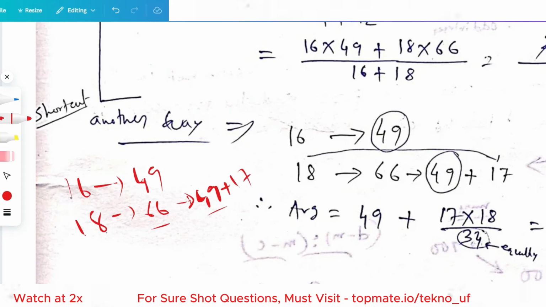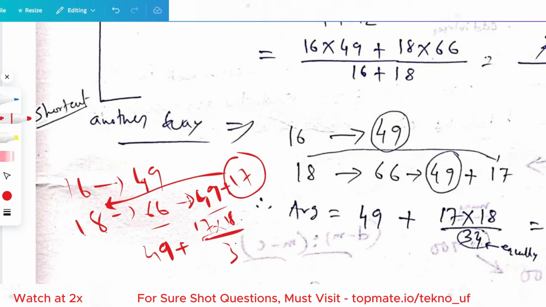Then the formula is, average will be the smaller one which we are considering, 49, plus the number we are left over with, this 17, with 18 we have to multiply. Okay, 17 into 18 by the addition of these two numbers, 16 plus 18.